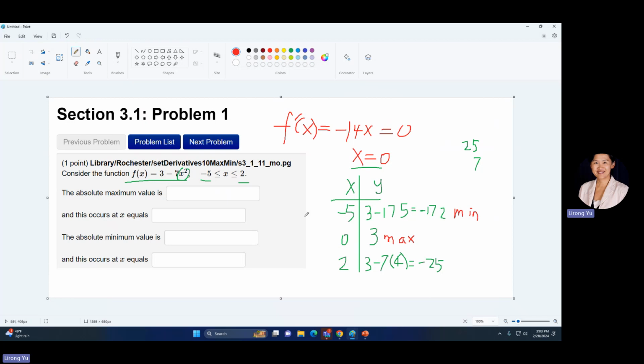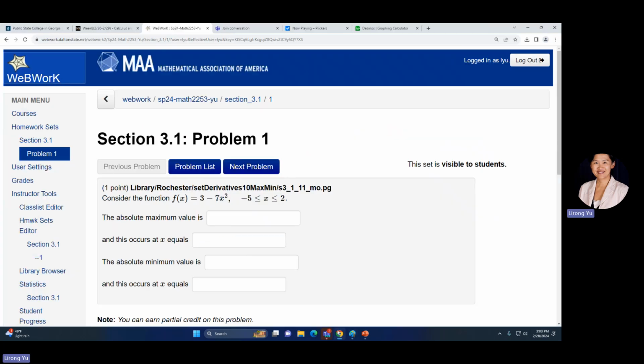So the maximum is 3 and the minimum is -172. The maximum happened at 0, and the minimum happened at -5. So one occurs at the critical point, one occurs at the boundary. -5 is the lower boundary of the interval.